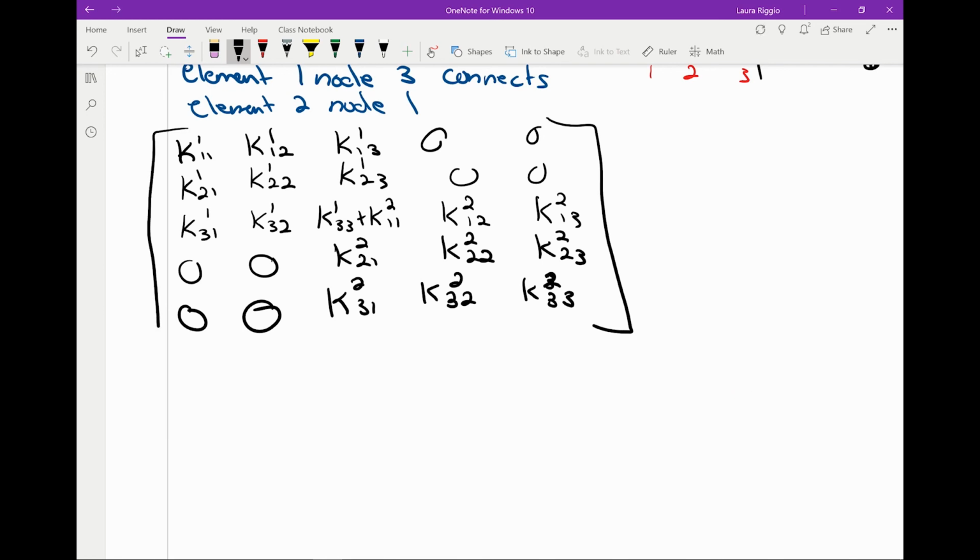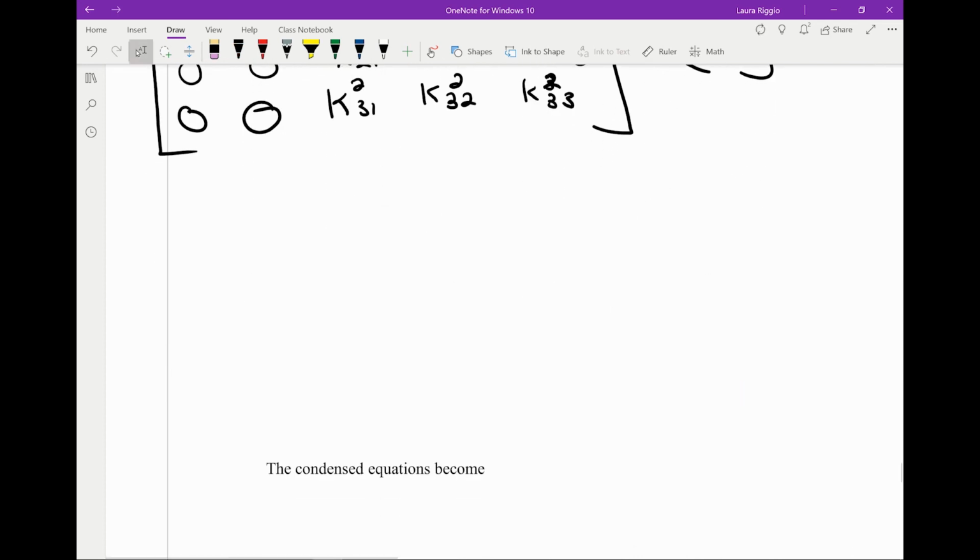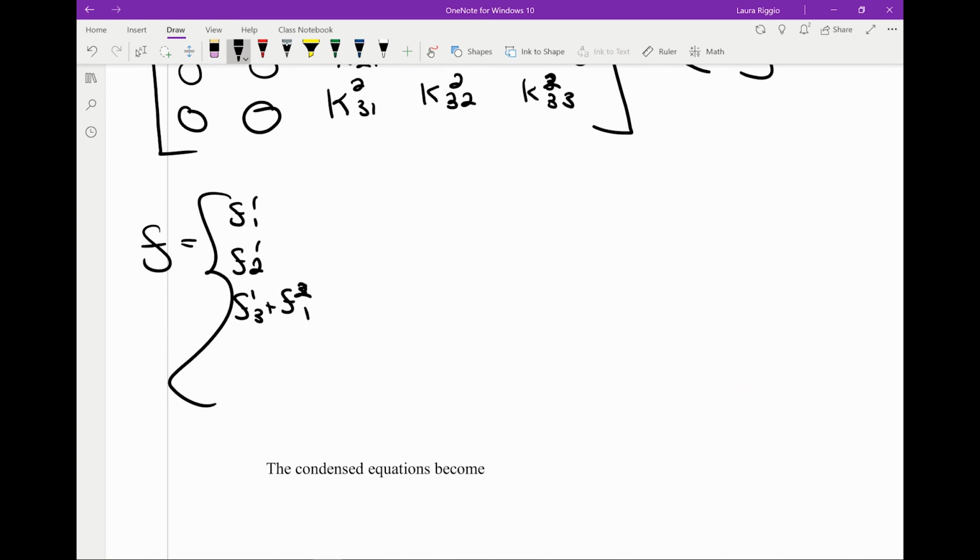So that is our assembled stiffness matrix. And our source vector would be F11, F12, F13 plus F21, F22, F23.